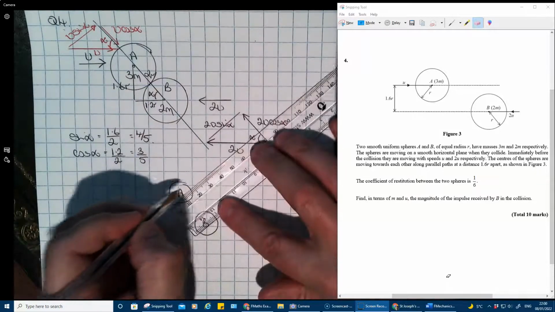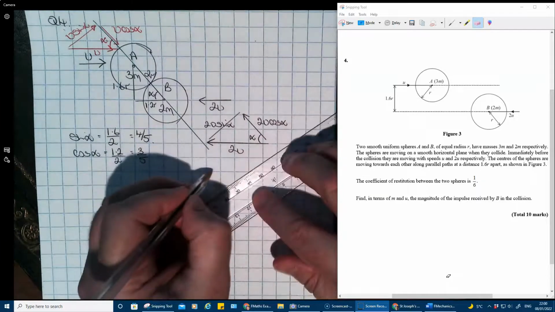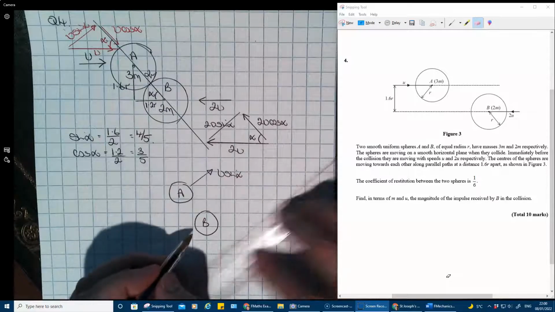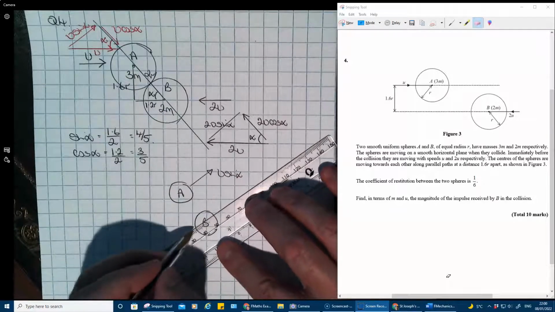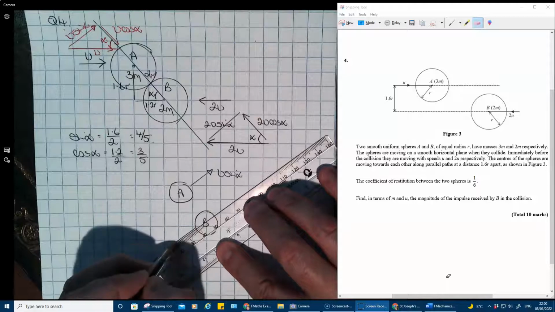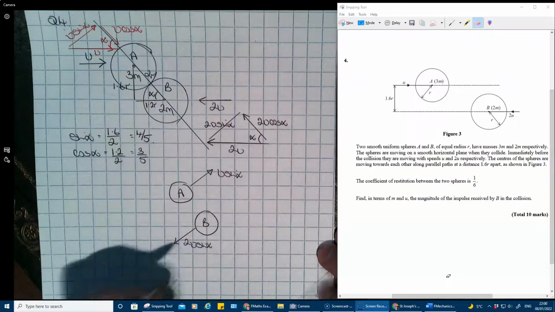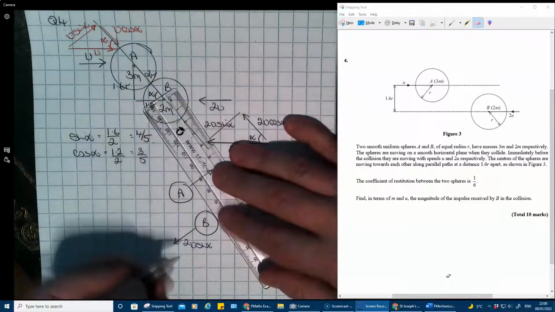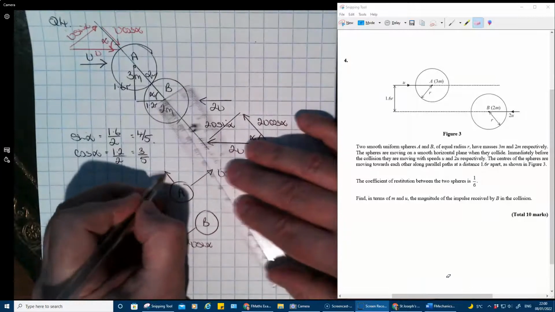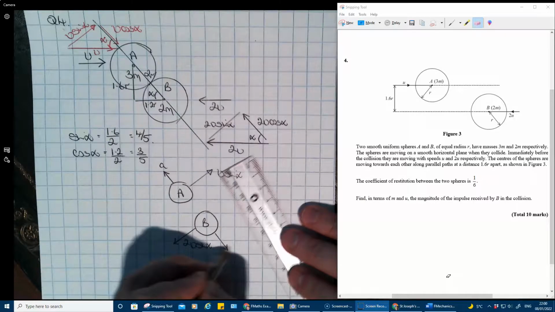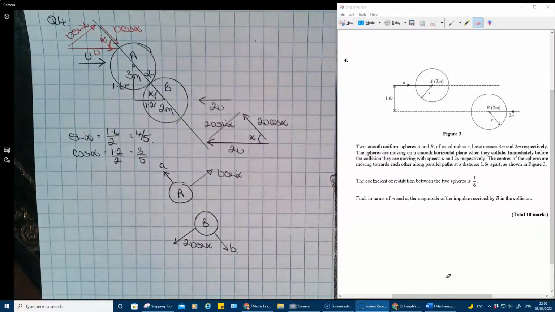So we know that A will carry on u sine alpha in that direction, and we know B will carry on with 2u sine alpha in that direction, unchanged. What does change is, so we'll put A going that way and B going this way. Okay, I'm guessing they're going to bounce off each other. If I put these in the wrong direction, it'll come up with a negative sign, so that will be fine.